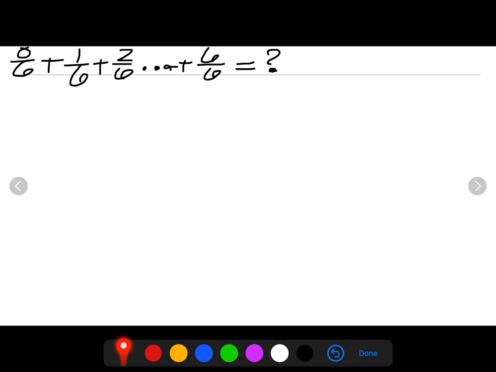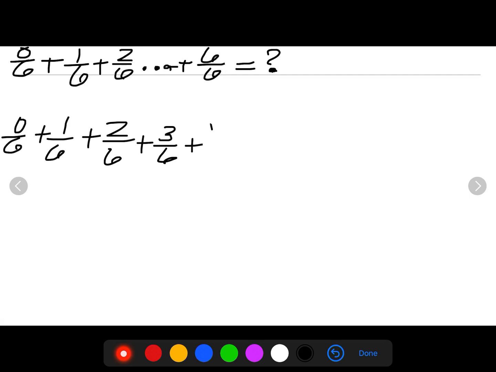So the strategy that we're using today is called expanding our units. We have to expand our entire equation in order to make sure that we have every single fraction represented in our equation. So 0/6 plus 1/6 plus 2/6 plus 3/6 plus 4/6 plus 5/6 plus 6/6.